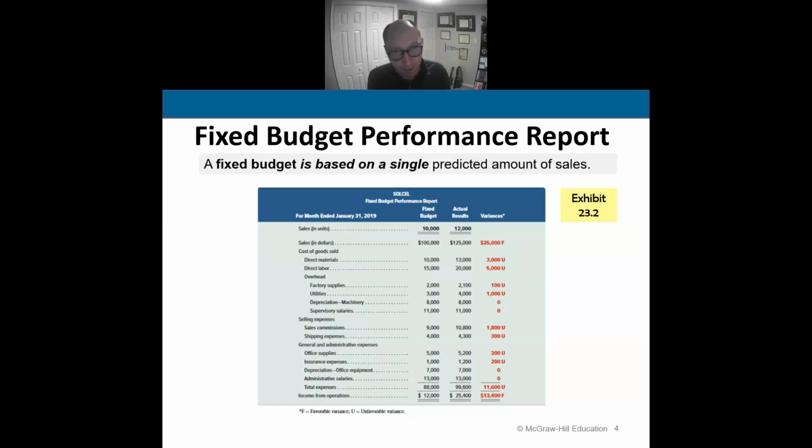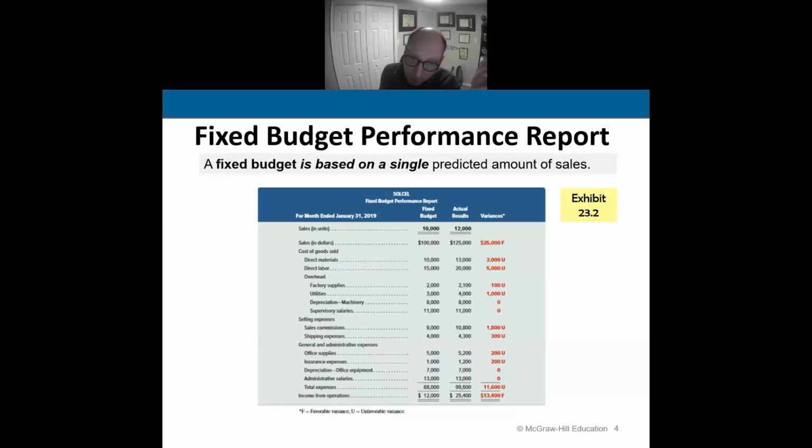For example, I budgeted my sales for 10,000 units. I actually sold 12. Budgeted for 10, actually sold 12. Now, that's good and bad. It's good because my sales were higher than what I budgeted for.